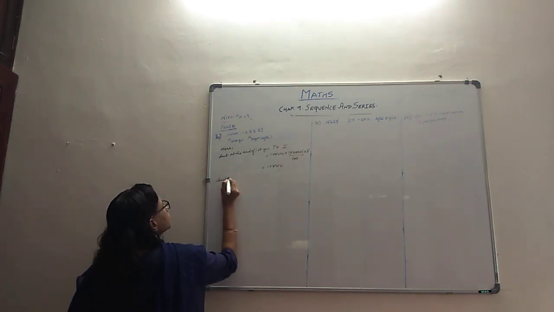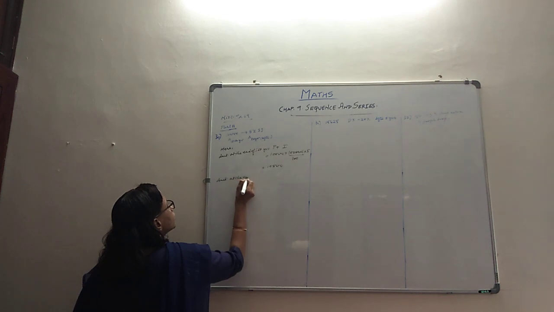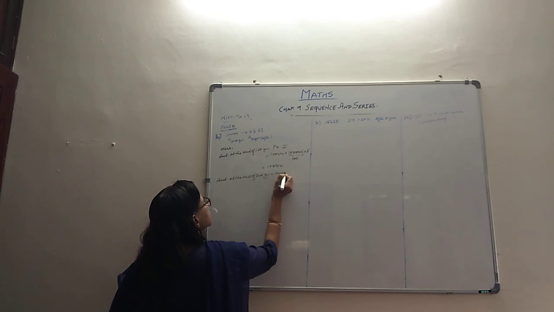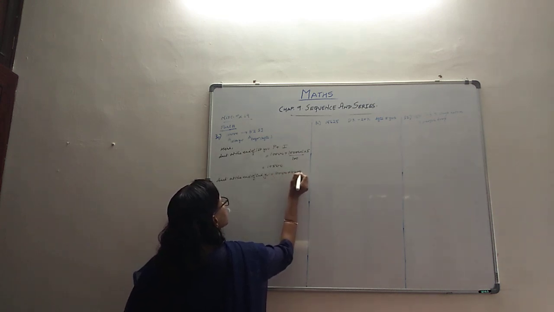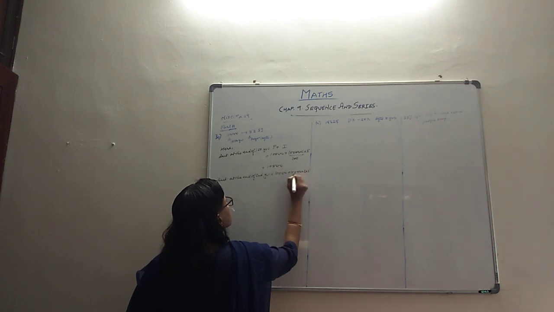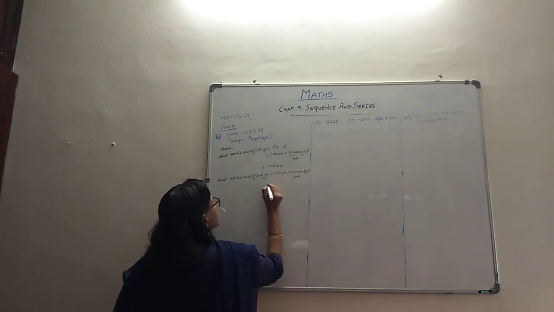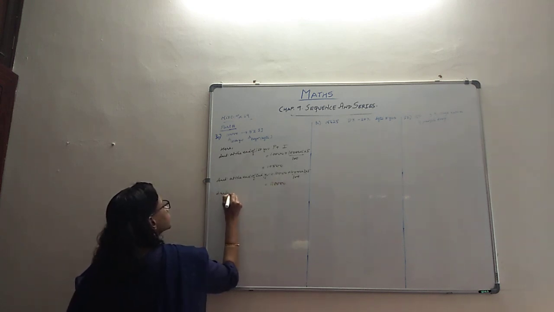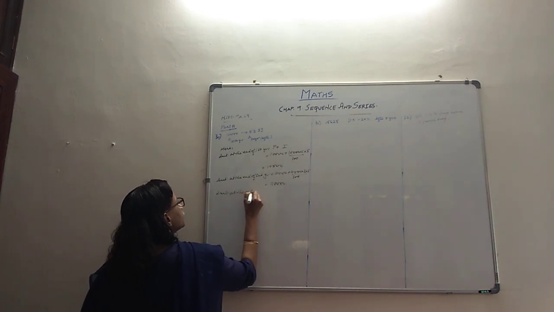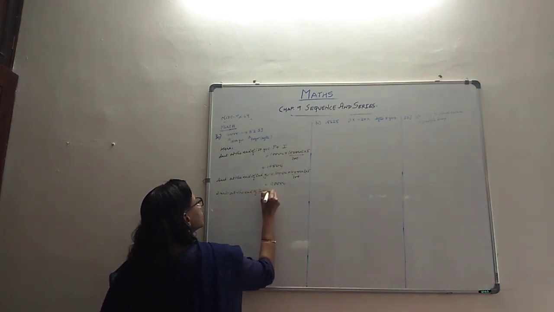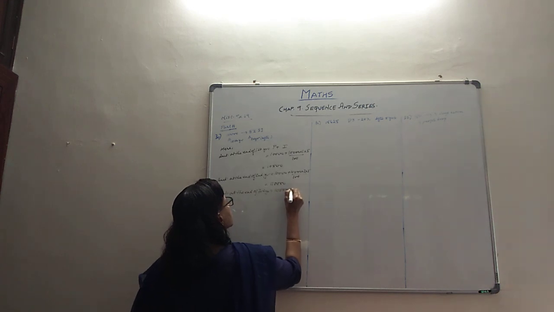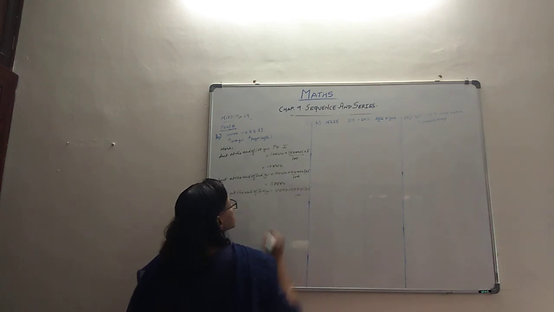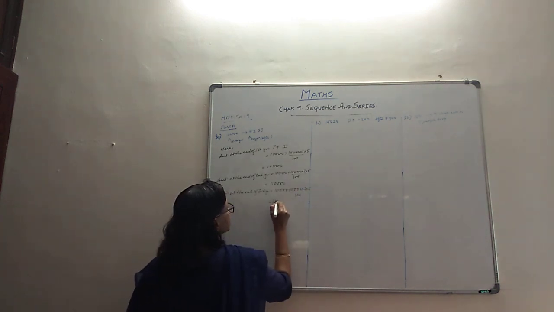Then amount at the end of second year. Same way, 10,000 plus 10,000 into 2 years. Now 5 by 100, so it's 1,000, so it will become 11,000. Then amount at the end of third year. Same way, 10,000 plus 10,000 into 3 into 5 by 100, so 15, so 11,500.